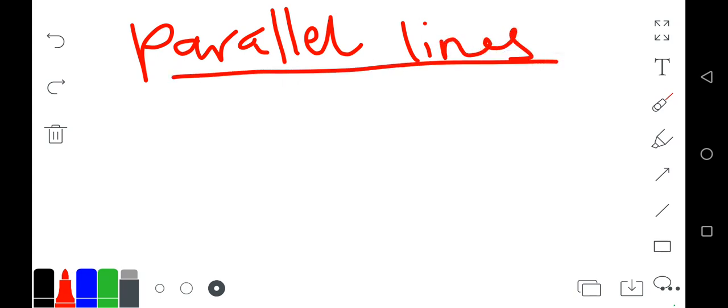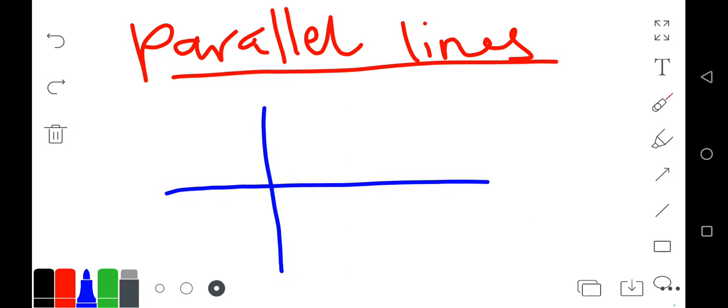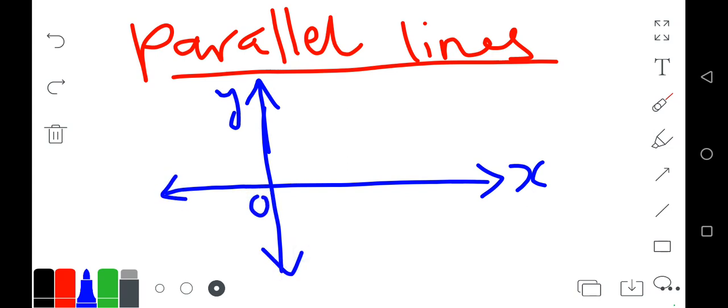Now, what you need to understand is these are parallel lines. For example, if I have an x-y plane, this is the y-axis, this is the x-axis, then there is 0.